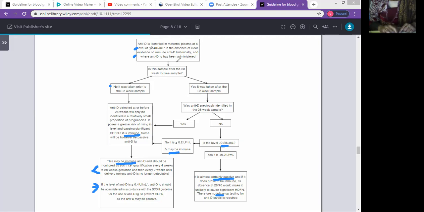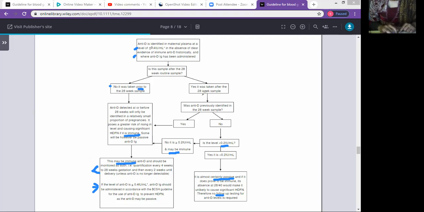To be on the safe side, although we know from history that antibodies less than 0.4 are most likely passive in nature, if there is a history of anti-D administration and the sample has been taken before 28 weeks of gestation, we still need to consider it as immune and go along the same lines.